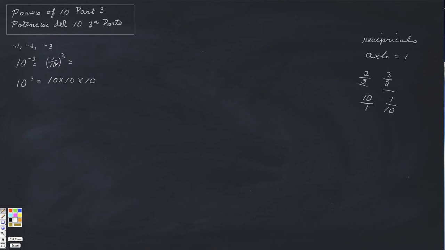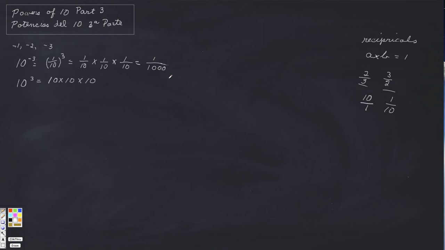And I'm able to now evaluate, because I can multiply 1/10 times 1/10 times 1/10. When I multiply these three fractions, I multiply numerator times numerator times numerator, giving me a 1, and denominator times denominator times denominator, giving me a 1,000.